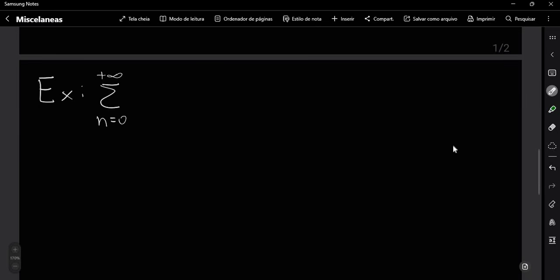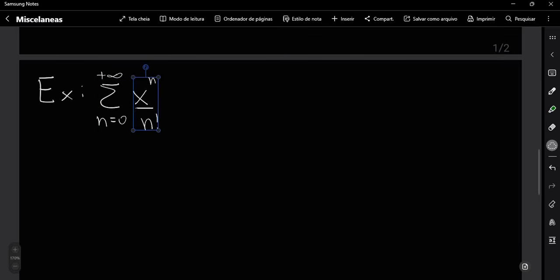So for example, this power series, an infinite sum of x to the n over n factorial, with the upper limit as infinity and the lower limit as 0.